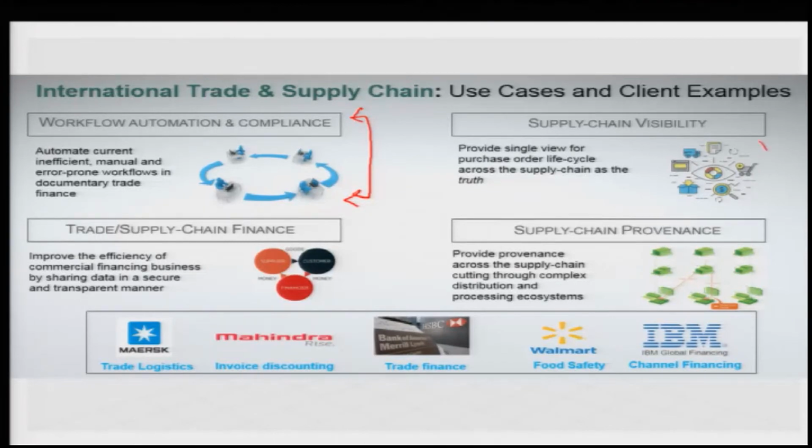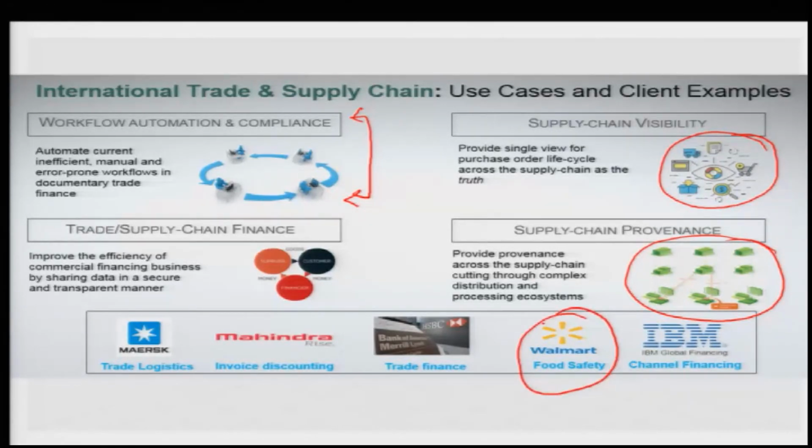Supply chain visibility and supply chain provenance, right? So for example, in Walmart, let's say the food comes from many different sources. Meat gets packaged by various companies at various plants, and gets supplied to Walmart in their grocery section.